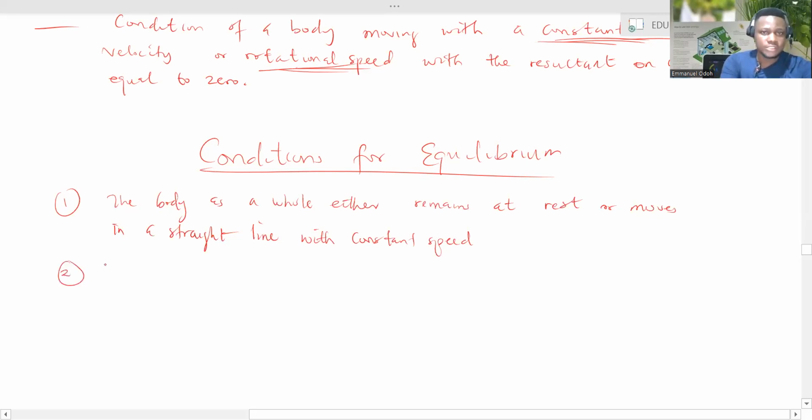And the second condition for equilibrium is such that the body is either not rotating, or it is rotating at a constant angular velocity.